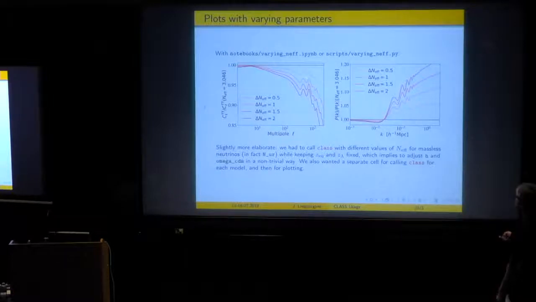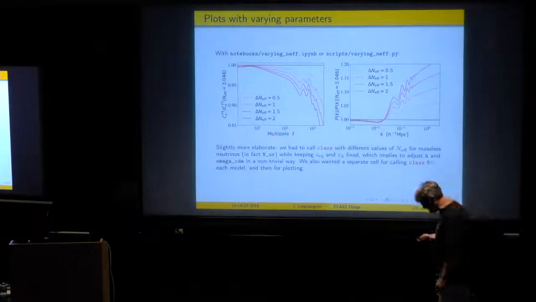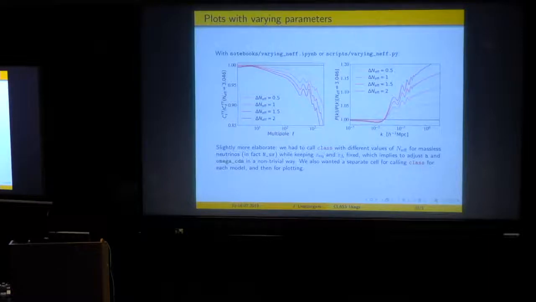So in this plot, I wanted to stick to the nicest point of view. It's something that was developed in a paper by Hou and Knox a few years ago. And they say, no, we should fix this and this quantity because this is what the CMB determines. And then we see directly, for instance, how changing delta N_eff changes the damping scale in the CMB.